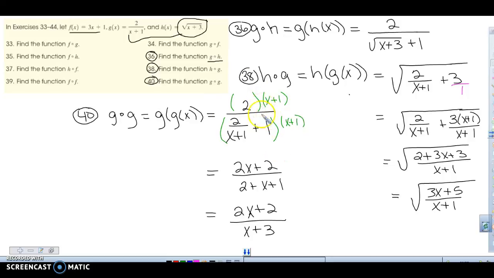Again, we can simplify it by multiplying the numerator and denominator by the LCD, the common denominator, which in this case would be x plus 1. So you multiply the top and bottom. On top, you're going to need to distribute. On the bottom, this x plus 1 cancels here, but then you have to multiply it by the 1 that is there. So we bring down the 2, and then 1 times x plus 1 gives us this. Combine the 2 and the 1 to get 3, and here's our answer for g composed with g.